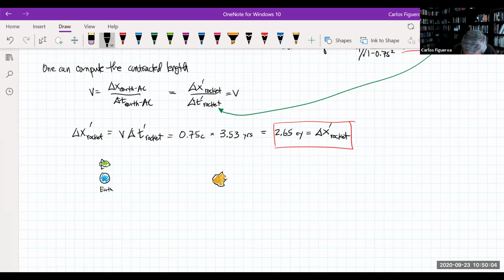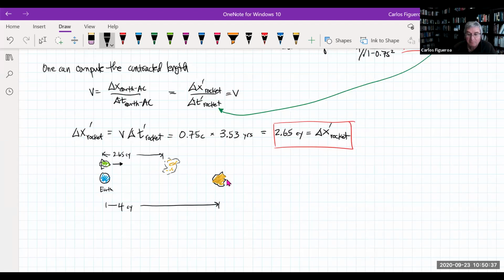When the rocket is leaving, what does it actually see? It doesn't see Alpha Centauri in this frame. What it sees is this guy right here. It sees a different distance of 2.65 light years.